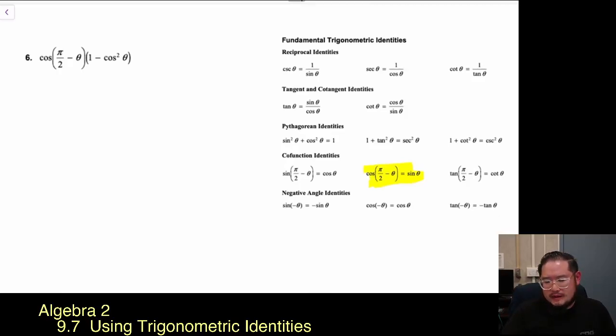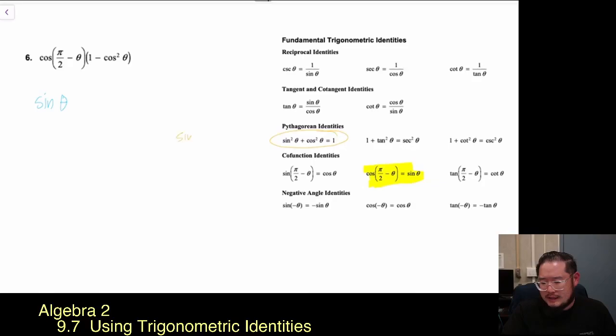Now, I don't see anything that looks like 1 minus cosine squared theta, but there might be something close to that. But before we get there, let me change this cosine of pi over 2 minus theta to sine theta. And let's see, what's the closest thing that I could get that looks like 1 minus cosine squared theta? What if I take this Pythagorean identity that we've used quite a bit already, it's pretty popular.